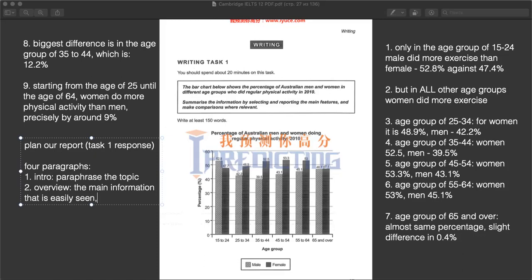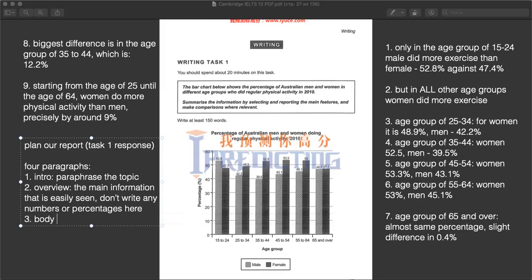And don't write any numbers or percentages here. What can we write in the overview? That only in one age group did males do more exercise, but you don't write these numbers or percentages. But in all other groups, women did more exercise. So it goes here in the overview.